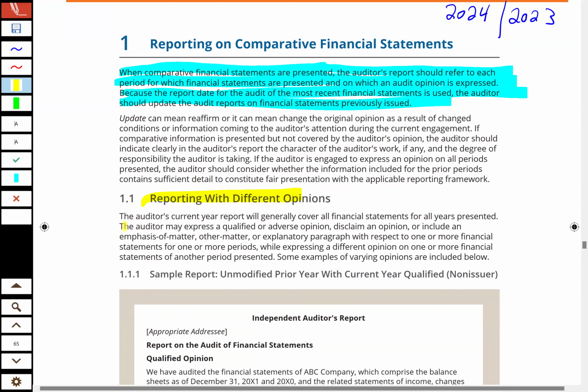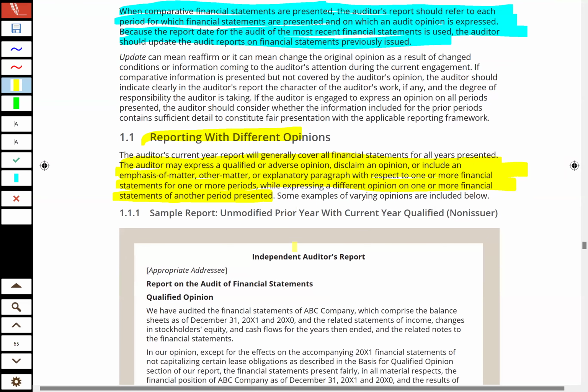Here we go. The auditor may express a qualified, adverse, emphasis of matter, other matter, or explanatory paragraph with respect to one or more financial statements for one or more periods, while expressing different opinions on one of the other financial statements being presented. Sorry, guys, I thought that was in there, and it took me a second to find it. In other words, a picture's worth 1,000 not very well written words.